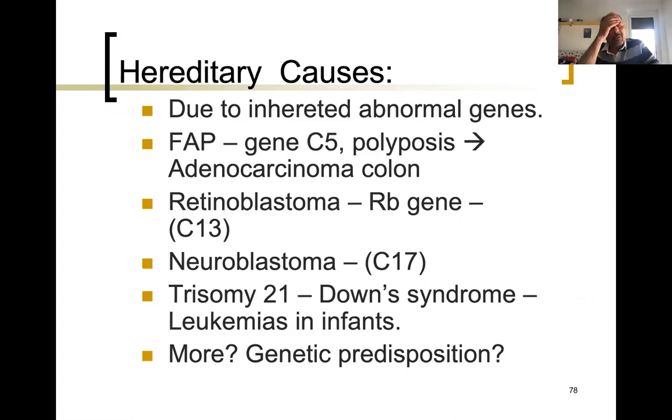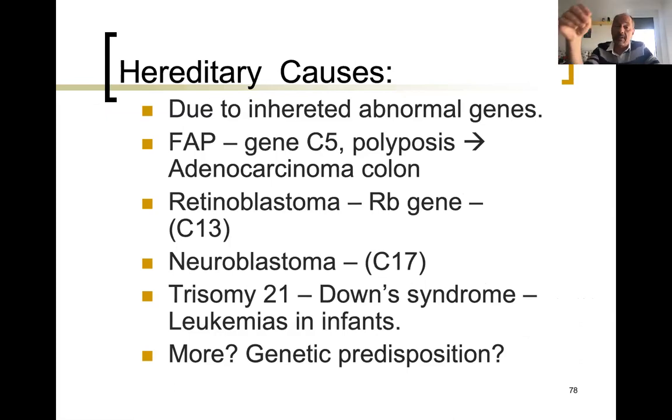So, hereditary causes: here there are so many examples. One typical example is the so-called FAP, familial adenomatous polyposis. This is actually involved in the gene APC, and is one of the main causes of adenocarcinoma of the colon.